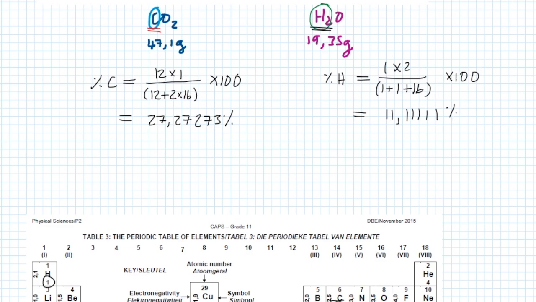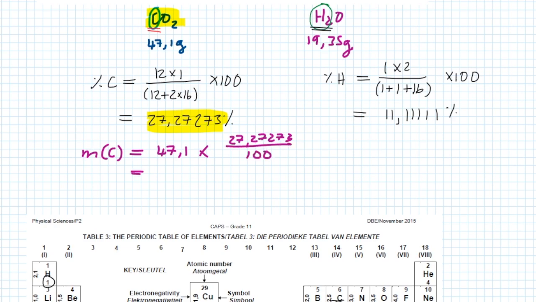So if carbon dioxide contains 27.27% carbon, then in order to determine the mass of the carbon, we can say 47,1 multiplied by 27,27273 over 100.